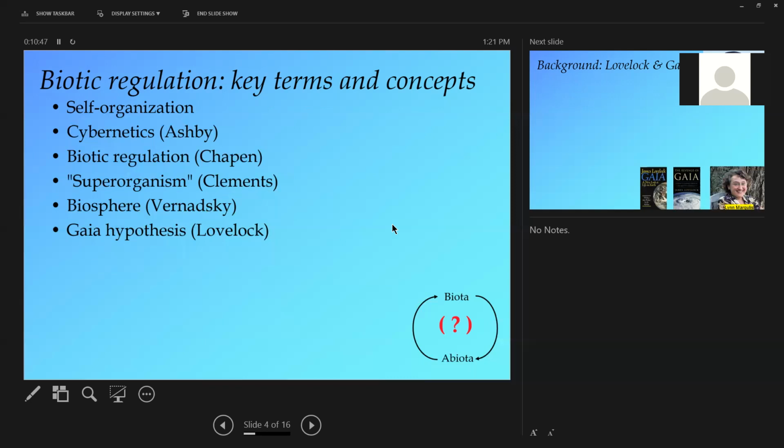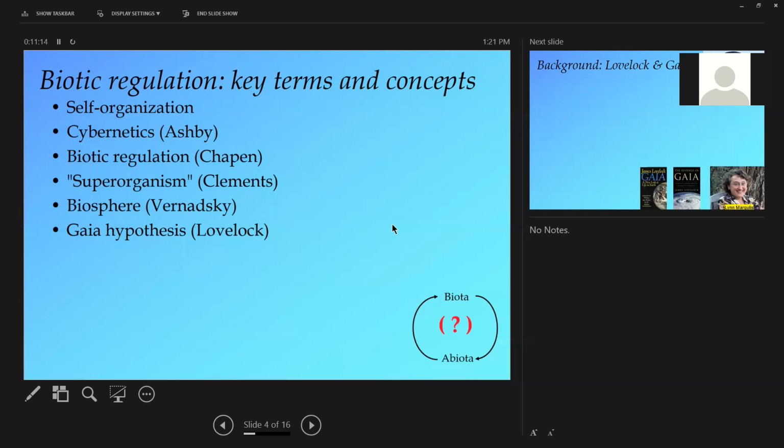is often used. But going back further in the history of ecology, was an individual named Frederick Clements who put forward this idea of ecosystems being kind of like big organisms. He called them superorganisms. The idea being that ecosystems were kind of like organisms in exhibiting self-regulating properties.